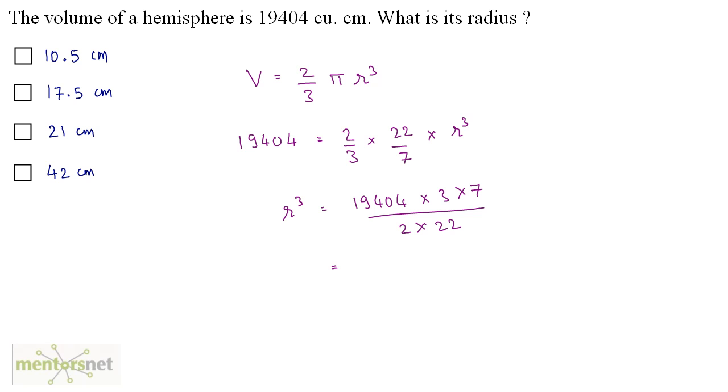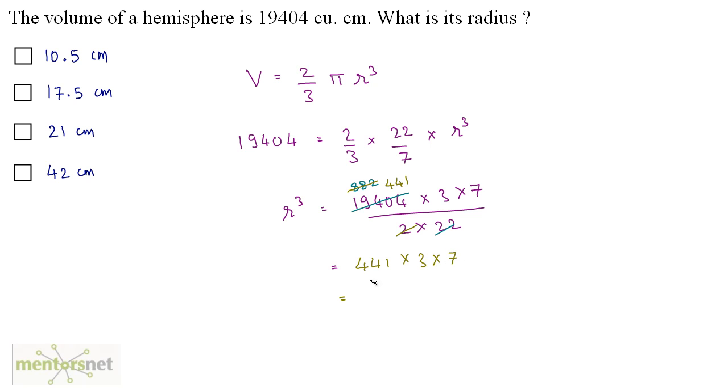So this is equal to, I can divide 19404 by 22 and I get 882, right? Now if I divide this 882 by 2, I get 441, right? So I have 441 times 3 times 7.